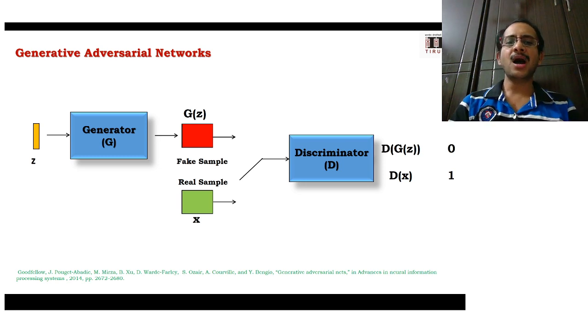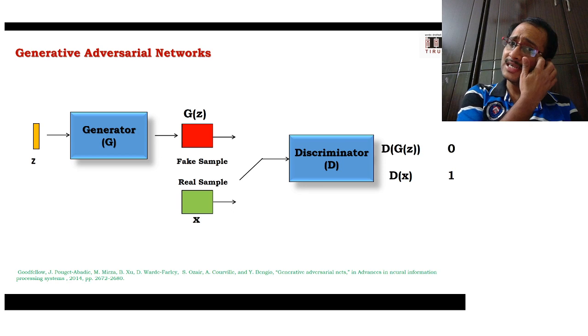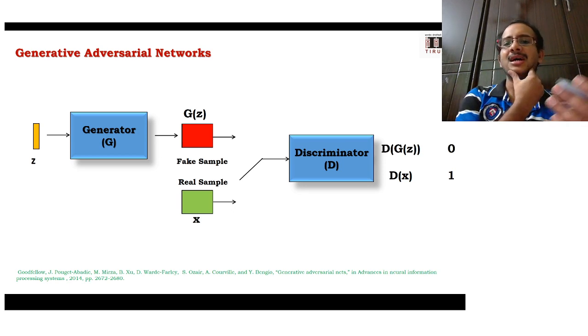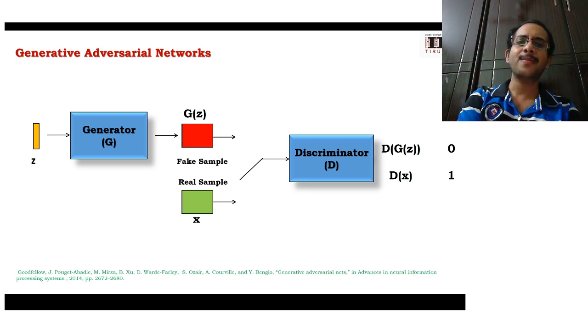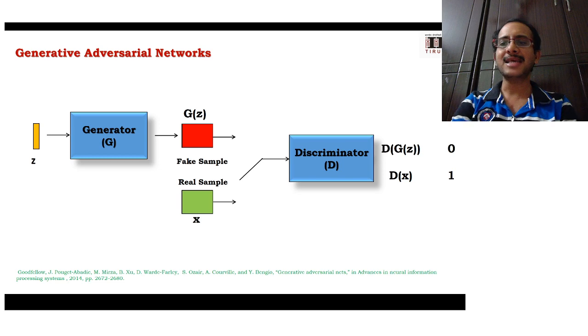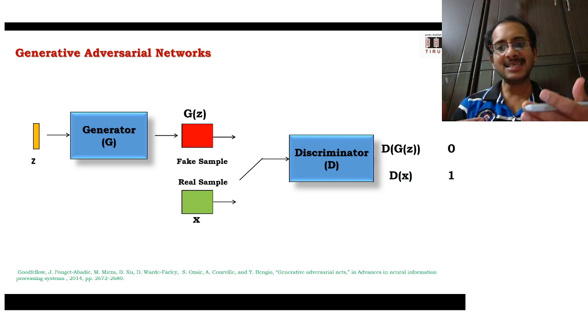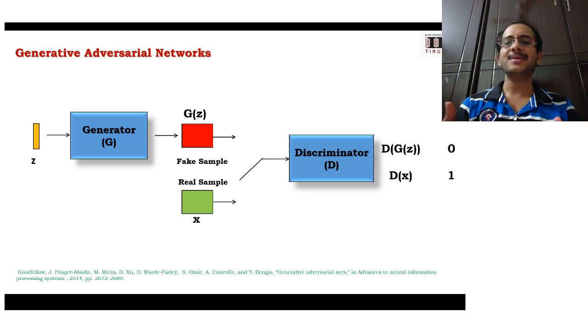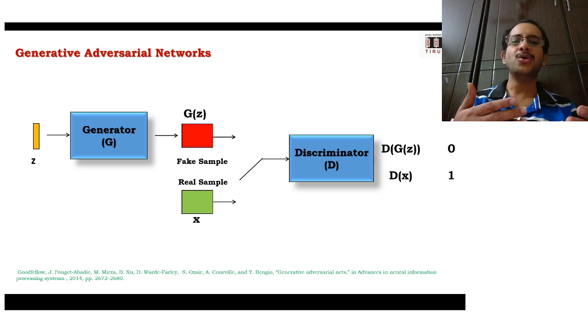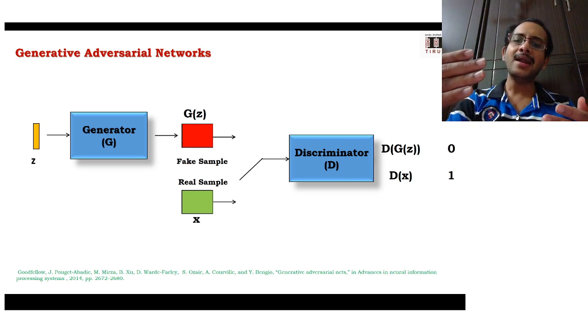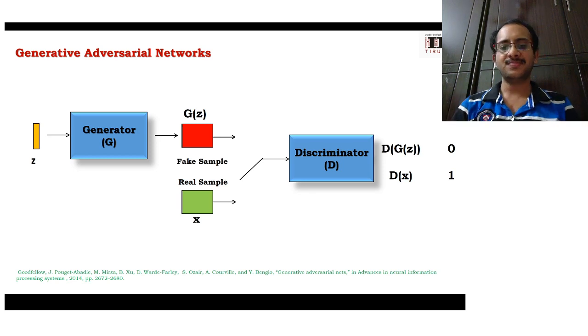Then the generator adjusts itself from the indirect feedback given by the discriminator to generate more real-looking samples. After convergence, the generator generates samples that look real, and the discriminator will not be able to distinguish between the generated samples and real samples.